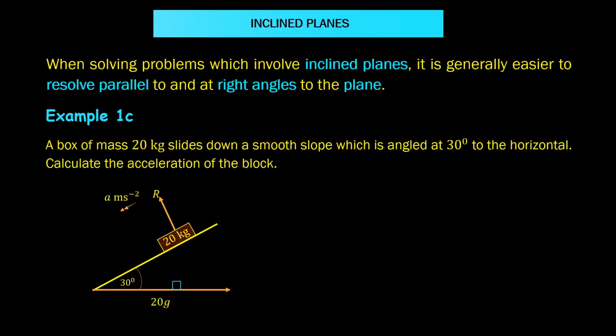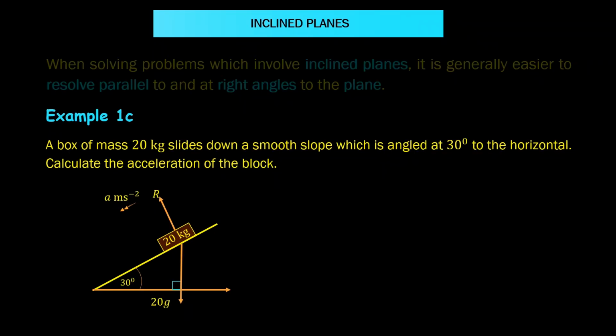And now for part C. We are required to calculate the acceleration of the block. So again, the box has mass 20 kg. It's angled at 30 degrees.